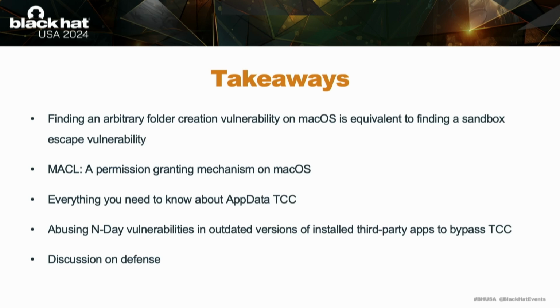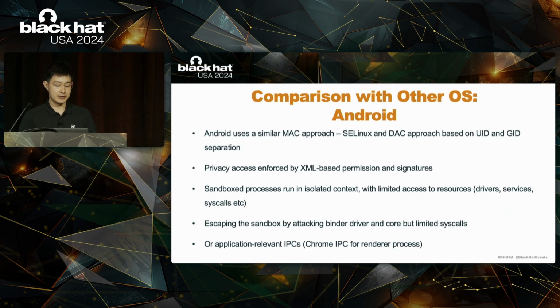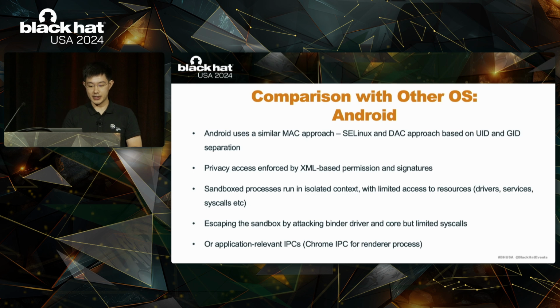Finally, we found that we can abuse n-day vulnerabilities in outdated versions of third-party applications to bypass the TCC. And also, during our research, we compared Apple's operating system with other operating systems such as Android and Huawei's new operating system, HarmonyOS NEXT, on privacy protection and the sandbox mechanism.